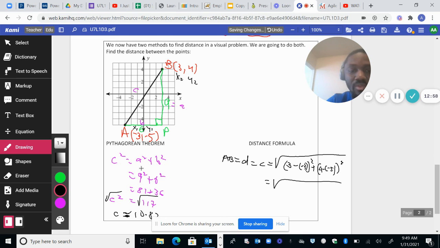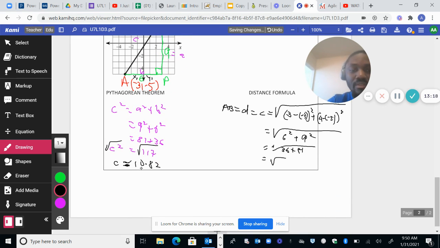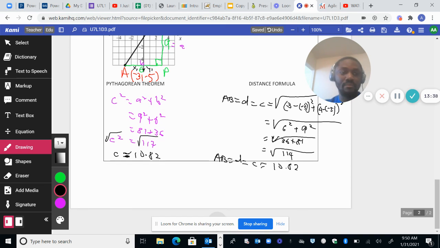Minus times minus is positive, so 3 plus 3 is 6 squared, plus 4 plus 5 is 9 squared. 6 squared is 36 and 9 squared is 81. It gives me the square root of 36 plus 81, which is 117. So my AB, which is the same as D, which is the same as C, is the square root of 117, approximately 10.82. So we have the same value. Okay, thank you very much.